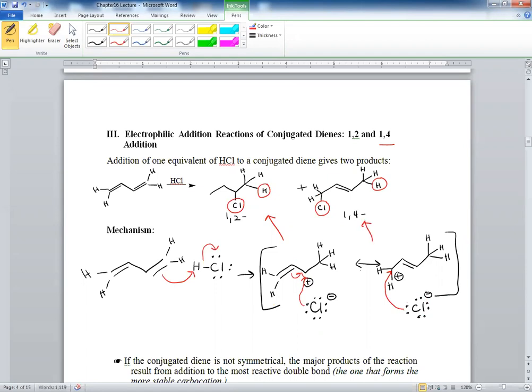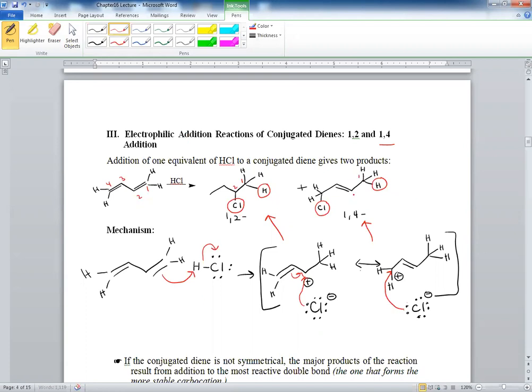Why is it called a 1,2 and a 1,4? For a very simple reason. If we start numbering it, this would be 1, 2, 3, and 4. So when we say 1,2, it means we added the hydrogen and the chloride to the first and the second carbons. So this would be your 1 and that would be your 2.